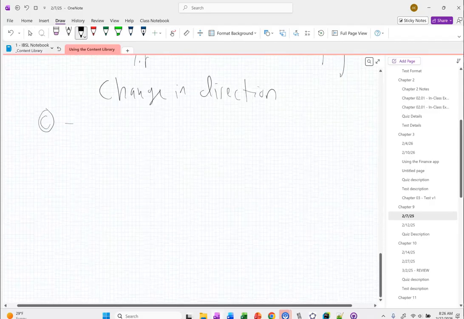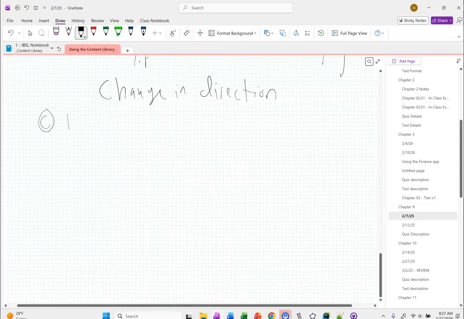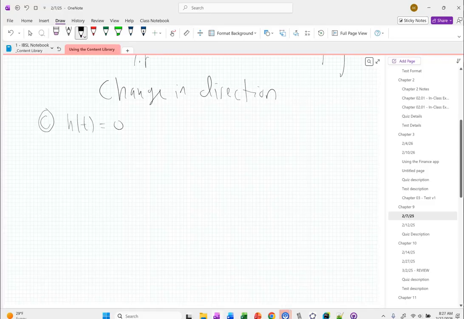Now, h of t is what type of equation? As specifically as you can make it.